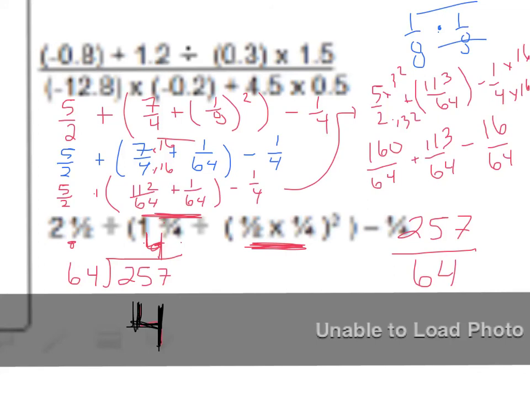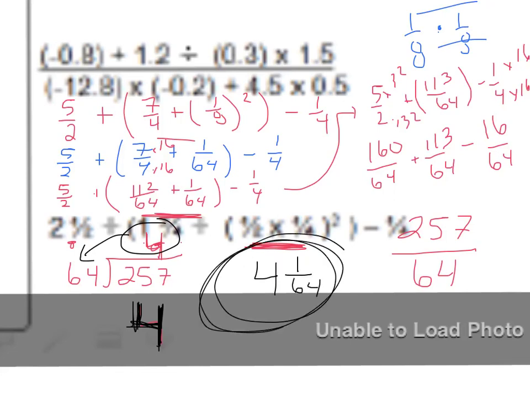Okay, and then we've got to figure out the remainders. So then the trick is I go 4 times 64, and I get 256. So that means there's 1 left over. So the answer is 4 and 1 out of 64 as a final answer. That is page 3.